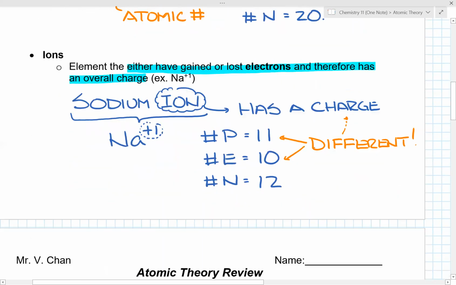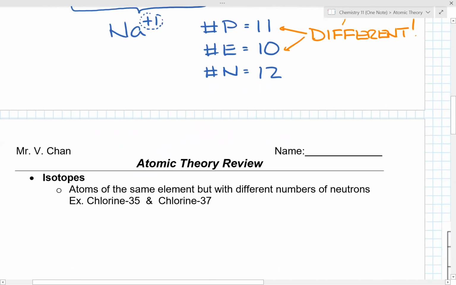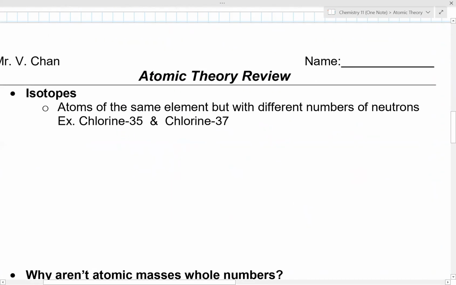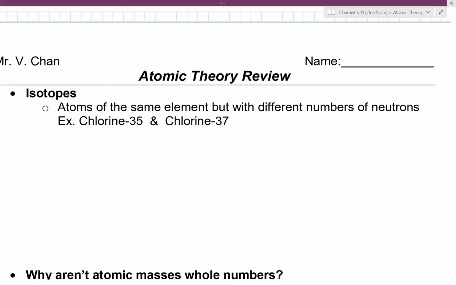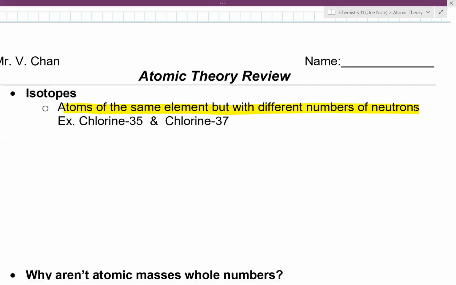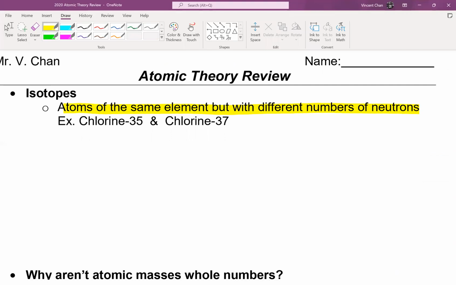Another thing you should have remembered from grade 10 is the term isotopes. Isotopes are atoms of the same element but with a different number of neutrons. Let's say we have the symbols chlorine-35 and chlorine-37. What does that mean?